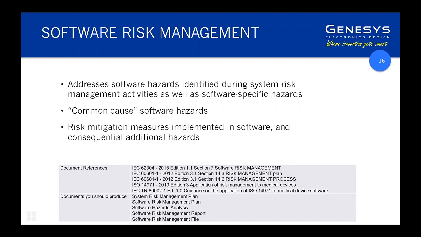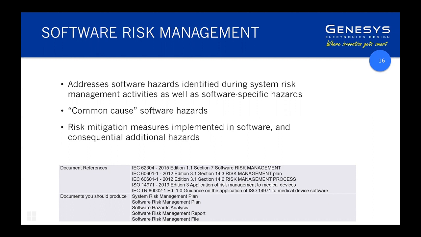So I won't labour the point on software risk management because it's a whole new category to consider. But in software, some hazards arise from the system's hazards. If the system function is reliant on software, then software failing can trigger that particular system hazard.